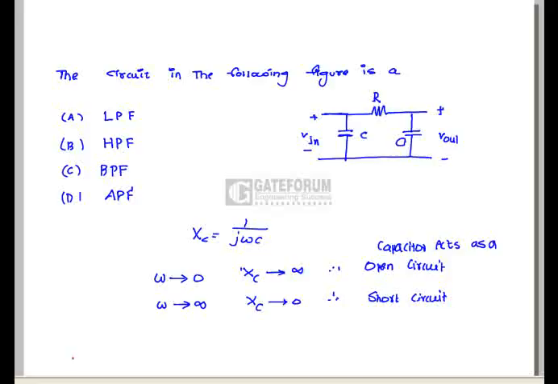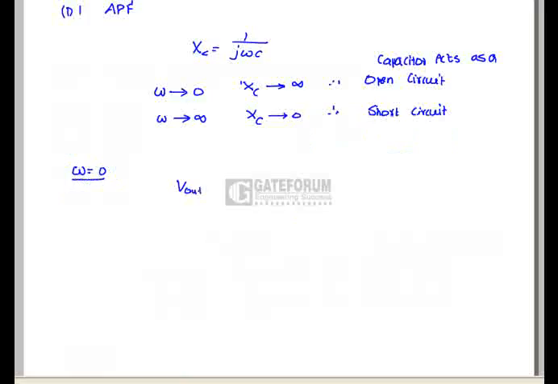That is, when ω equals 0, Vout equals Vin, whereas when ω equals infinity, Vout equals 0.